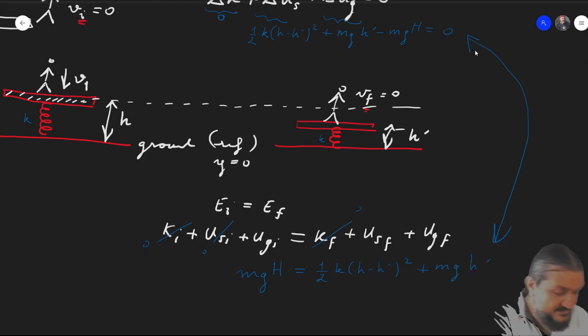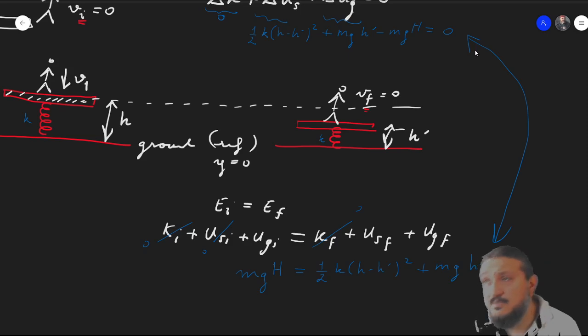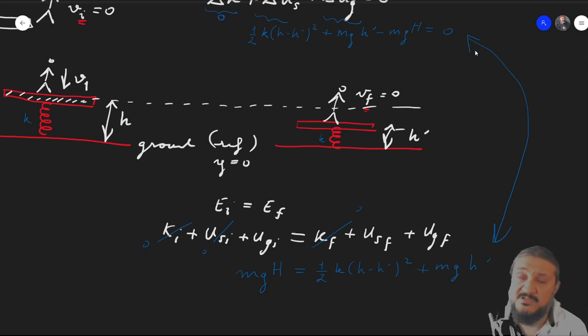Okay, these two are the same. So you can think of many other examples where there are both conservative and non-conservative forces present, and also the conservative forces could be gravity and elastic or springs. So you put everything together, okay?